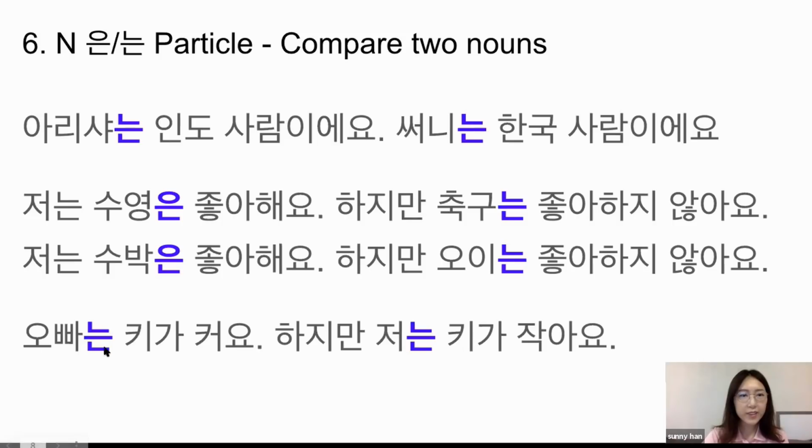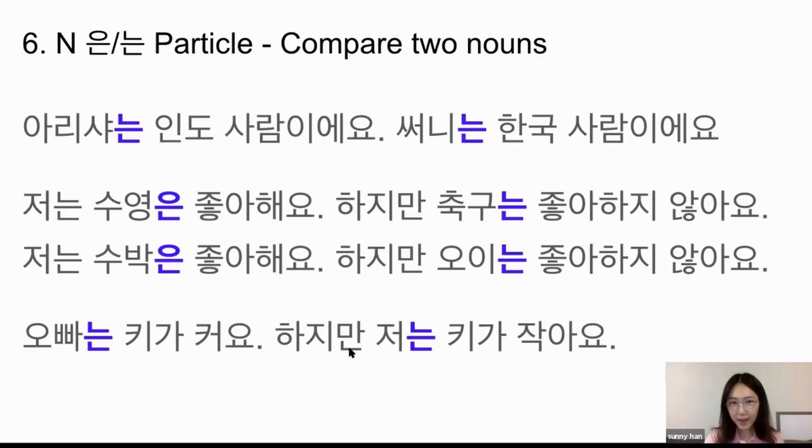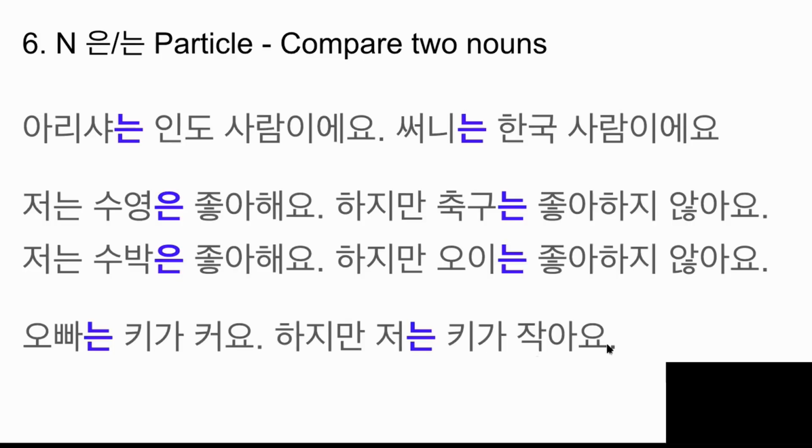So, 오빠는 키가 커요. 오빠는 키가 커요. 하지만 저는 키가 작아요. 하지만 저는 키가 작아요.